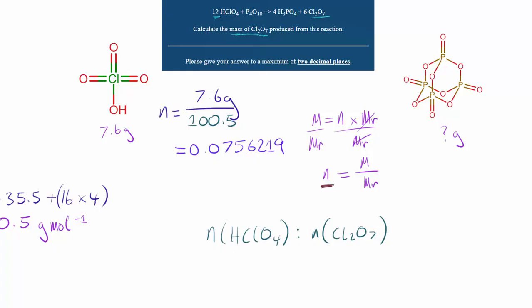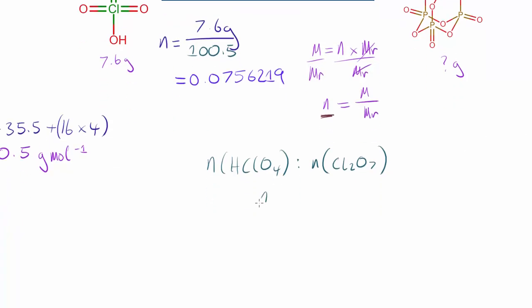Clearly, this is a ratio of 12 to 6, right? So it's going to be a ratio of 12 to 6. That is to say that for every 12 moles of this, we're going to have 6 moles of this.